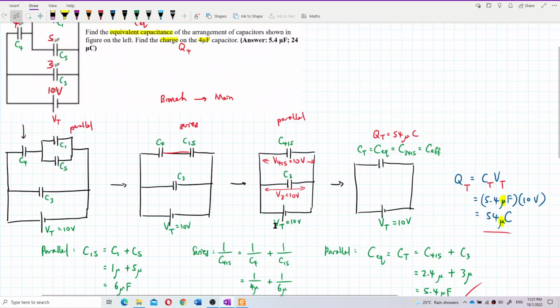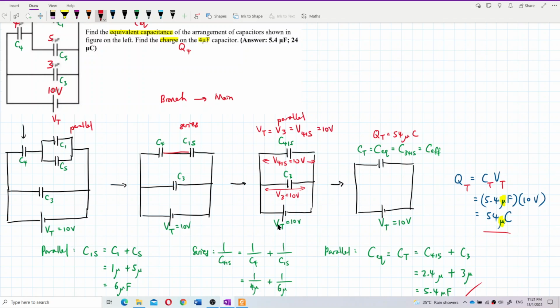So what I can say is, for this parallel circuit, the V total is equal to V3 equal to V415, which is 10 volt.